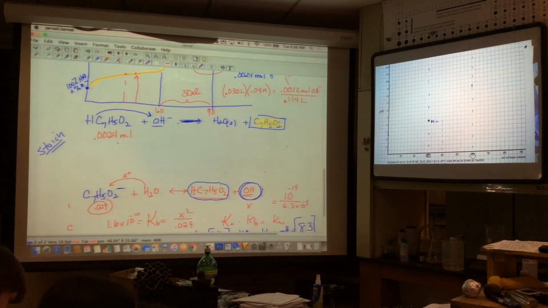This is driven. Now, the question is, at 40 milliliters, which is 0.040 liters, correct? Let's find how many moles of hydroxide we are actually delivering. I've got the molarity, and I'm multiplying it by the volume.